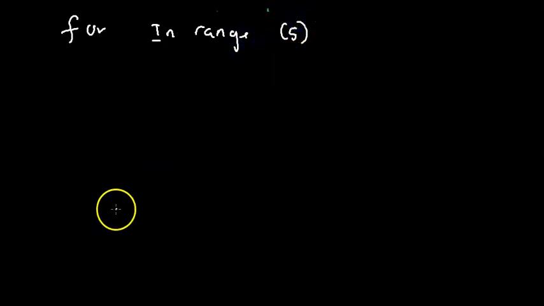So let's look at the next one. The next thing we are going to look at is what we call a loop, repeating a task. Let's say you are given something like for i in range, and bracket of 5.